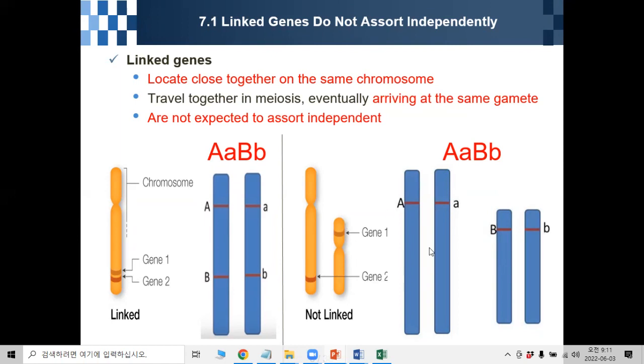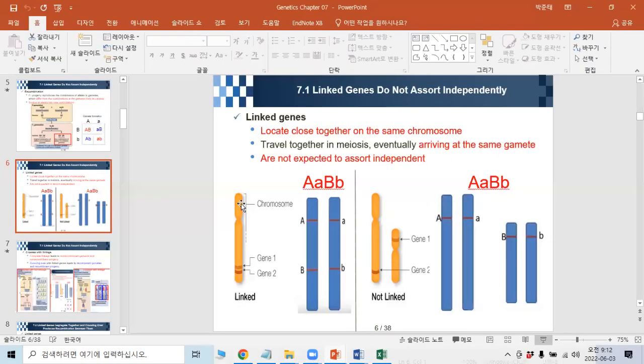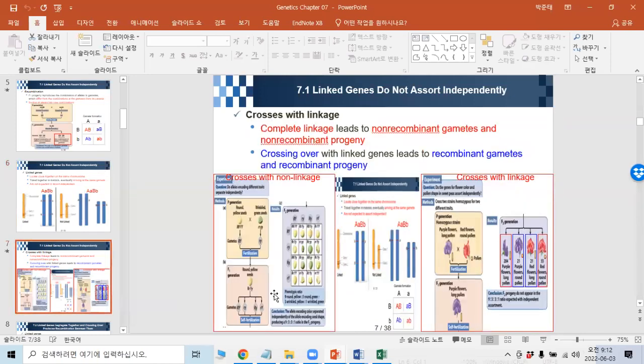If large A and large B are not linked, they are located on independent chromosomes, so we call it not linked. But the genotype is still exactly the same, large A, small a, large B, small b. A linked gene means they are located on the same chromosome.